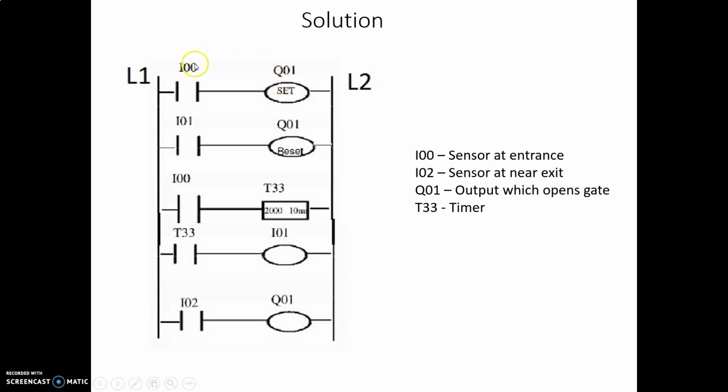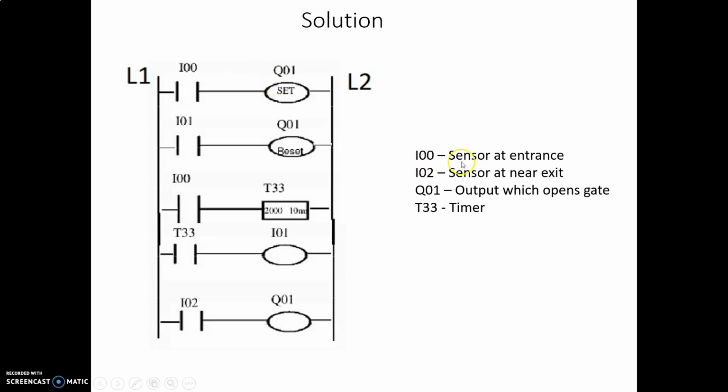Even if you show the text, or the address as we did in the previous numerical, that's sufficient, but this is the proper way of describing any kind of switch or circuit. So I stands for an input, Q stands for an output.